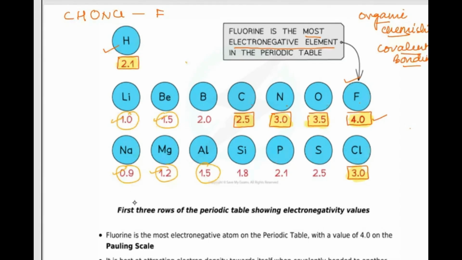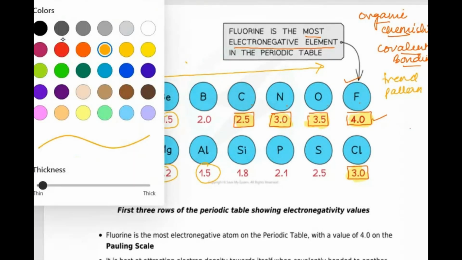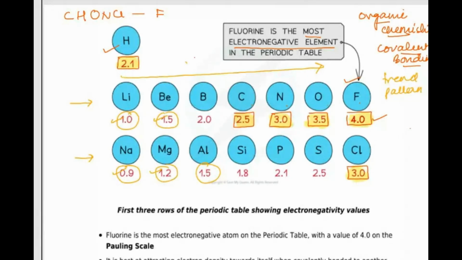Now, when you see period 2 and period 3, you can see certain trends in the electronegativity, like we did the trends in the ionization energy in the last class. What do you mean by the trend? Trend means pattern. So we can see there's a certain pattern in the electronegativity when we move across the period.